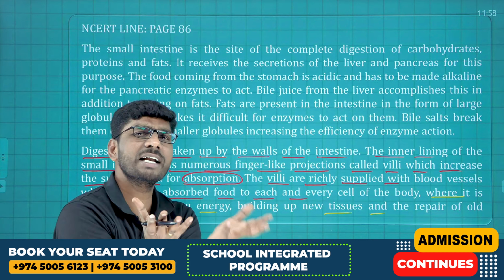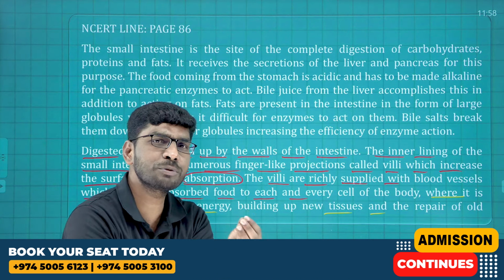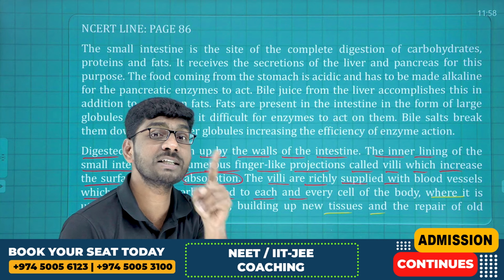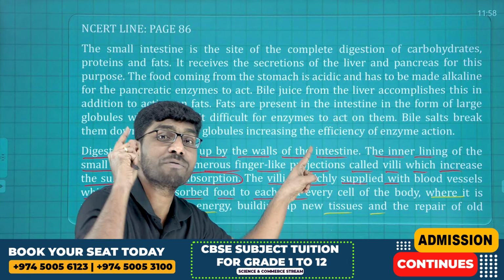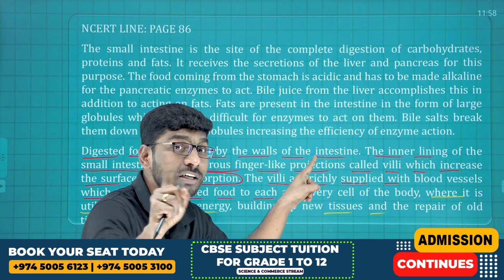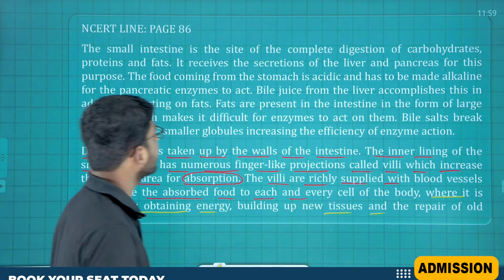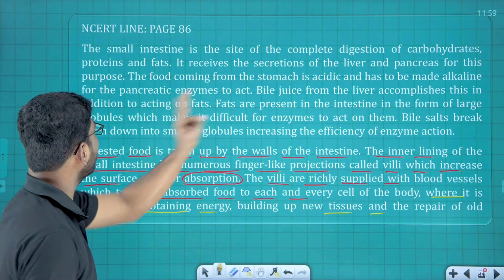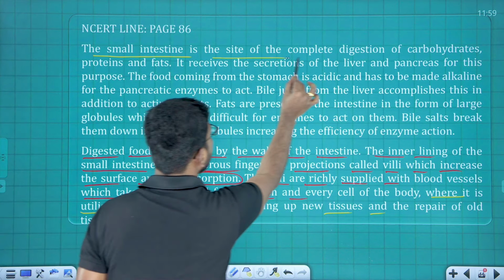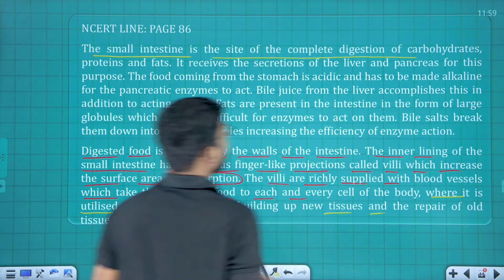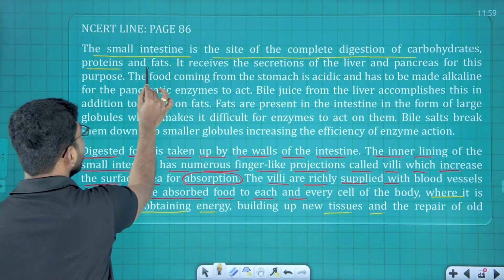Sir, where does the undigested food and absorption of water take place? In the large intestine. Villi are essential for the absorption of food, not water from the undigested food. Look at the second point here. The small intestine is the site of complete digestion of carbohydrates, proteins, and fats.